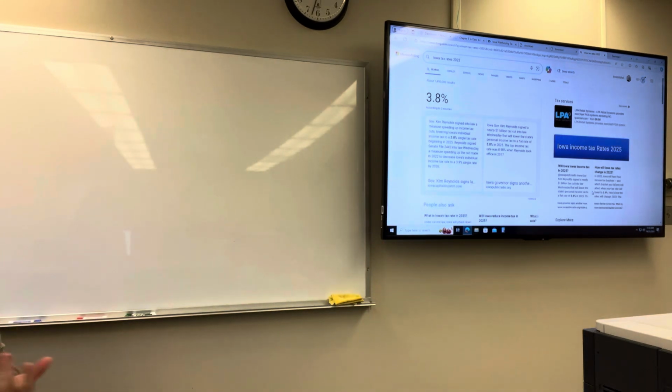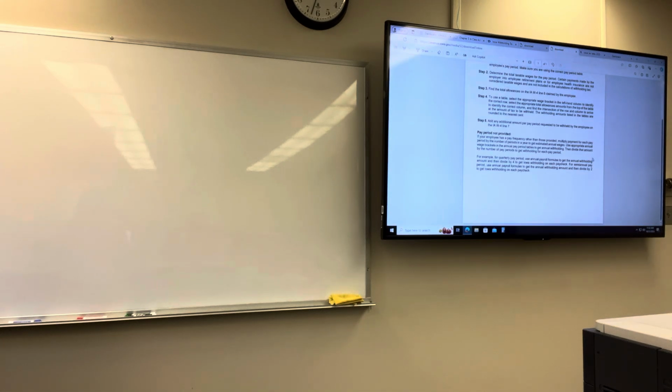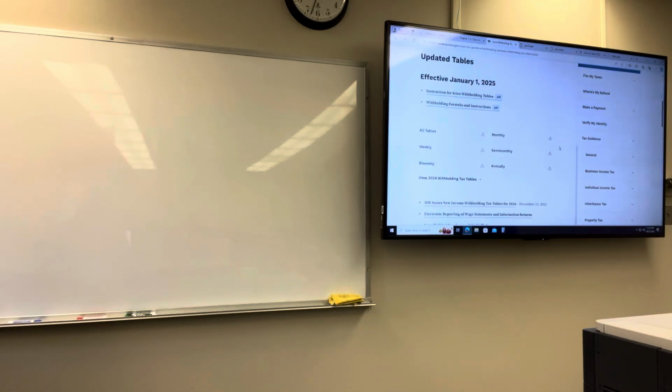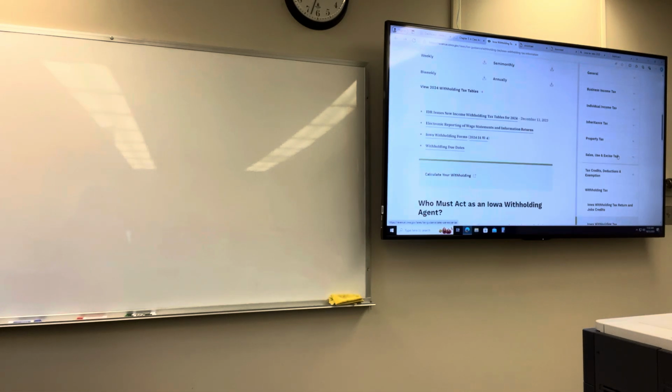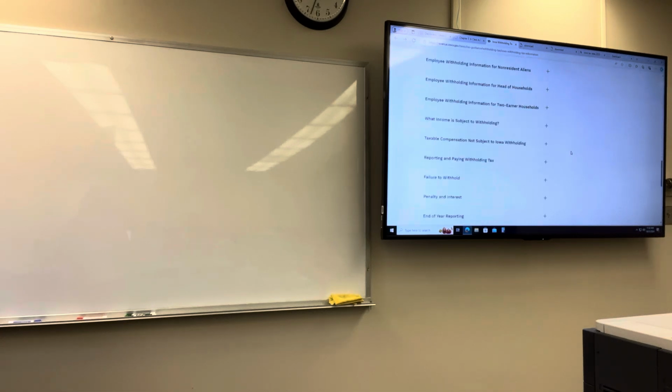So that will make the calculation a bit easier, although you'll still have those allowances, and we've got to do the calculation to arrive at what that taxable income is, or that tentative income, before we can apply the tax rate. But it will be just a flat tax rate of 3.8%, whereas in 2024, I didn't pull it up again, it was 3 tax rates. So it has been compressed down. It was supposed to take longer than that, but I think they accelerated it.